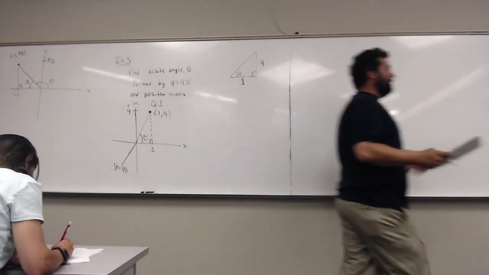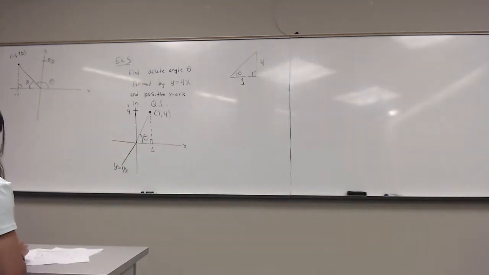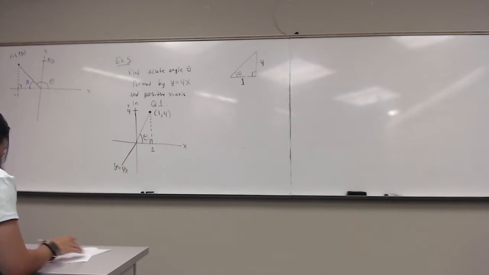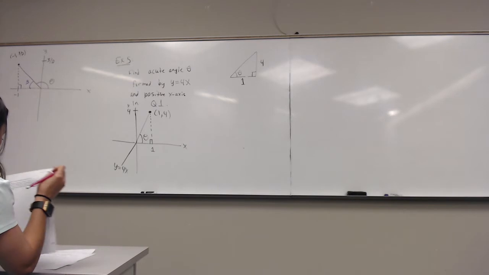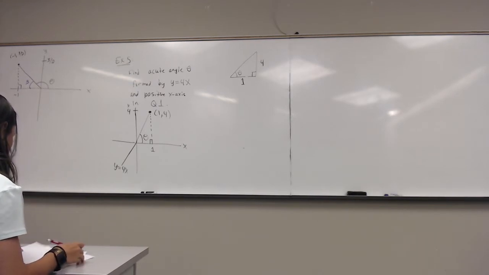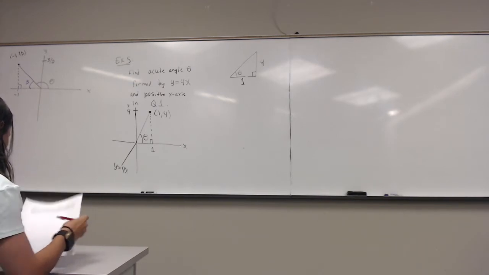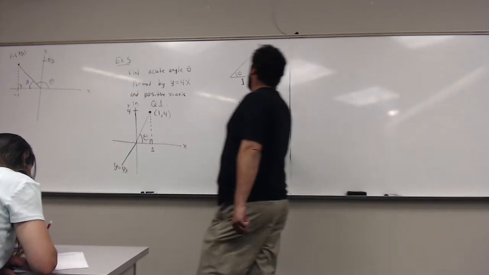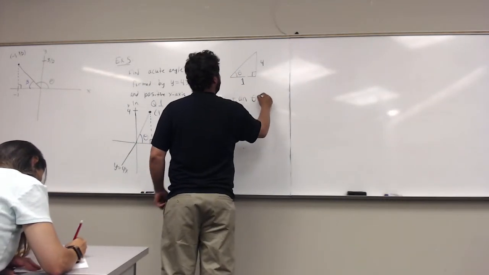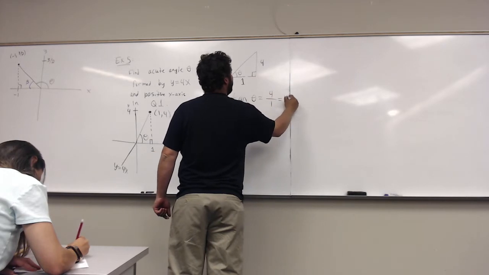This is pretty similar to how we found the angle in the right triangle in the previous problem. First, let's write down an expression involving the angle theta and those two other sides. Since we have the opposite side and the adjacent side, which trig function is always the most useful in this scenario? Tangent. So tangent of theta is 4 divided by 1, which is just 4.